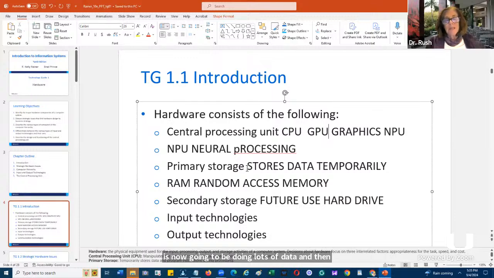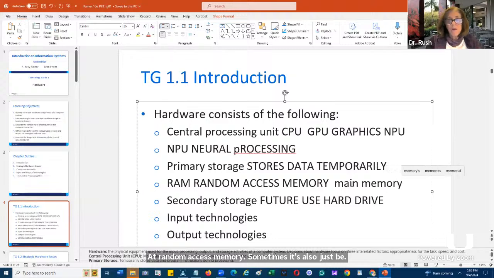They talk about something called primary storage, and primary storage is many times called RAM, for memory. Sometimes it's called random access memory. Sometimes it's also just called my main memory. I'm just taking this from the PowerPoints.